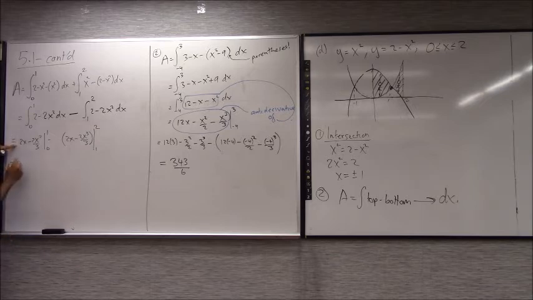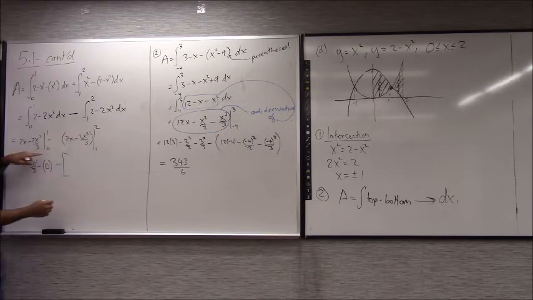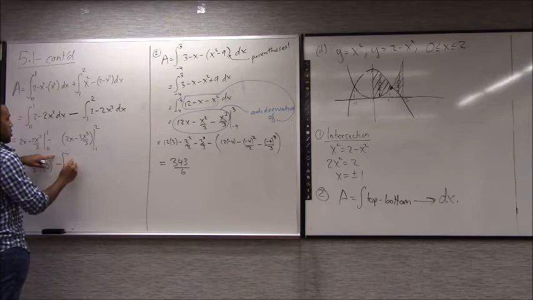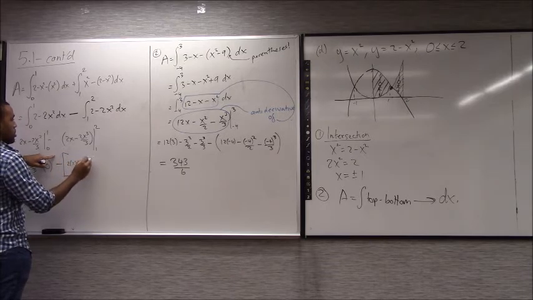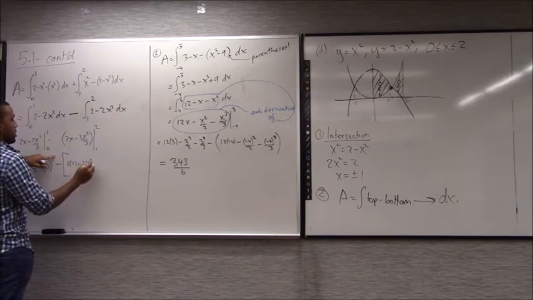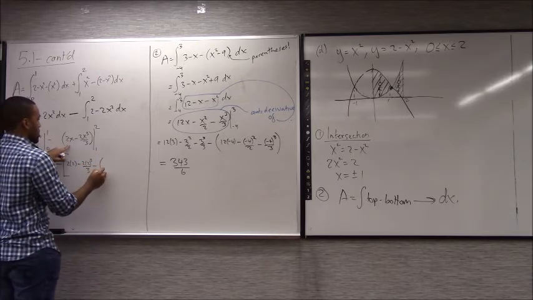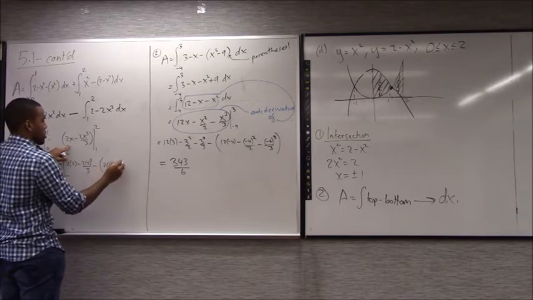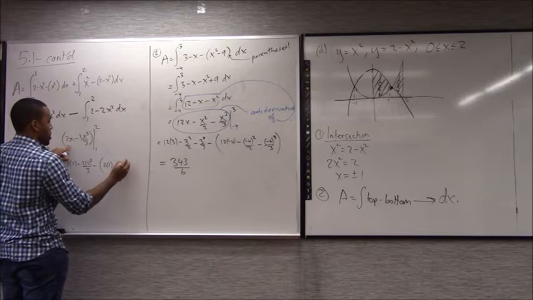So you can write these out. This is 2 times 1 minus 2 times 1 cubed over 3 minus 0, minus 2 times 2 minus 2 times 2 cubed over 3, minus 2 times 1 minus 2 times 1 cubed over 3.